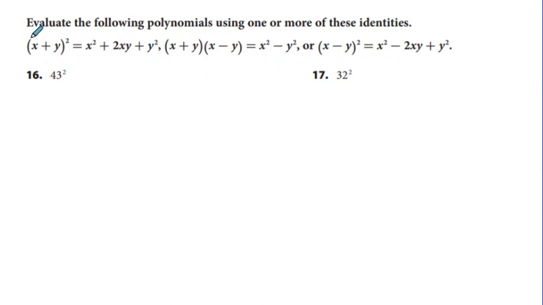And what we're going to do is use this first identity in this manner. Here we're getting into binomial expansion. We have this quantity x plus y squared equals x squared plus 2xy plus y squared. So for this one, I'm going to say let x equal 30 and let y equal 2.